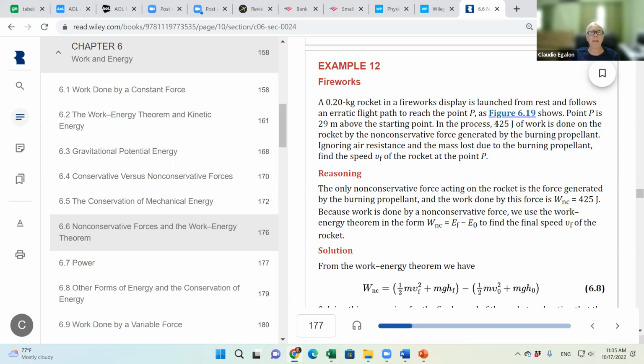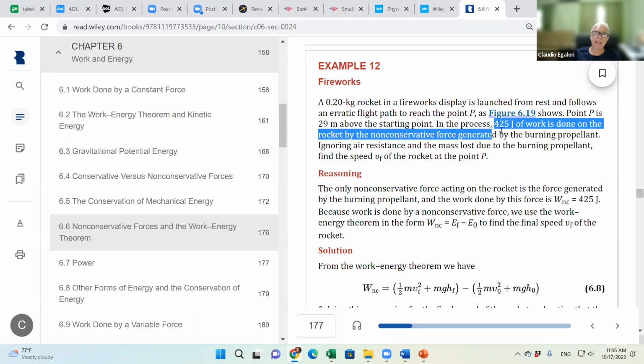In the process, 425 joules of work is done on the rocket by a non-conservative force. So he provides you the value of the non-conservative force. You have to account for this non-conservative force by the burning propellant, okay? So the burning propellant of the rocket is a non-conservative force.